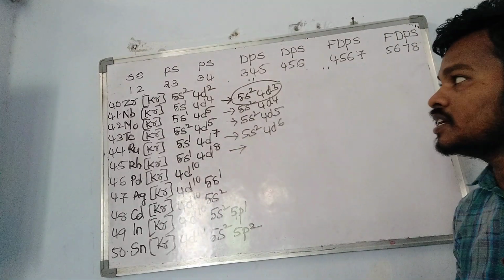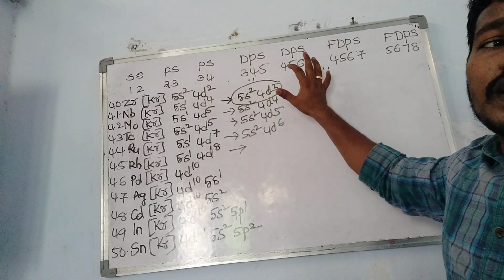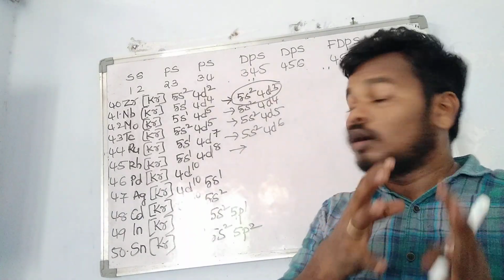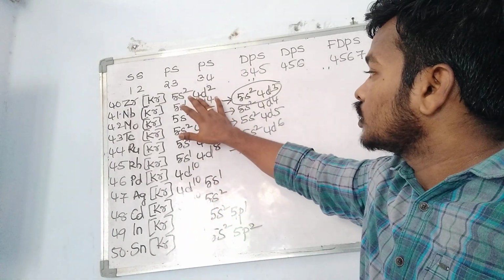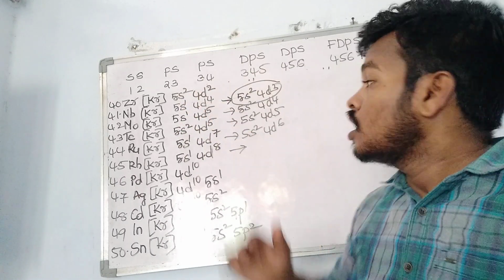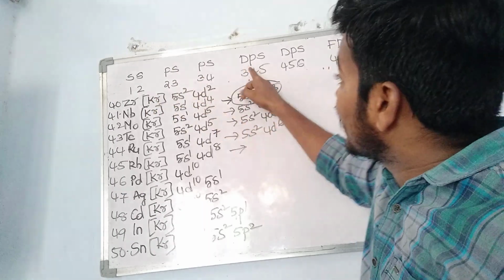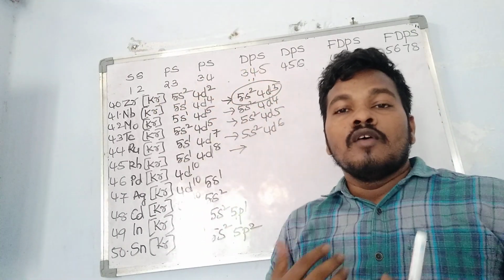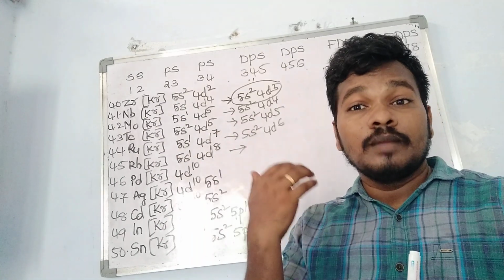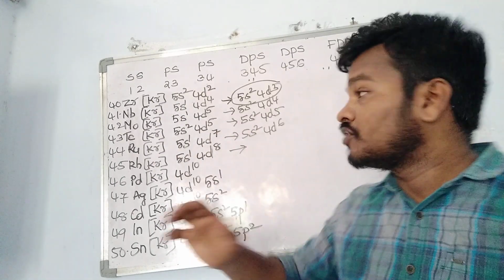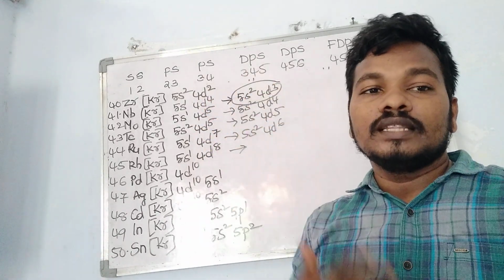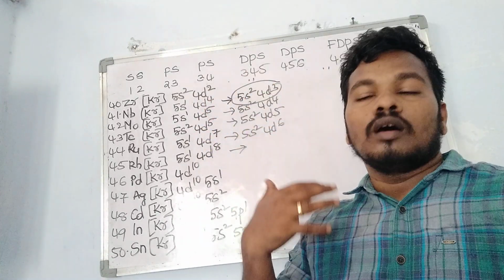Why are we writing this? Compared to the 3d orbital, the 4d orbital is a bigger orbital. Compared to the 4s, 5s is a bigger orbital. Whenever the orbitals are bigger, or the electron distribution is spread out, there will be repulsions. If it follows the Aufbau rule, they will make repulsions.